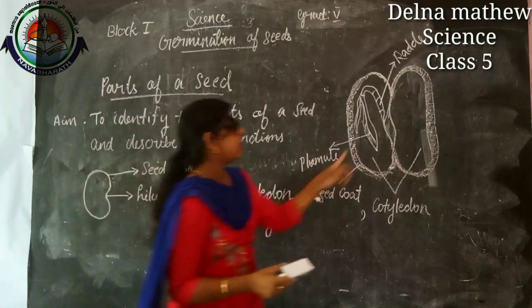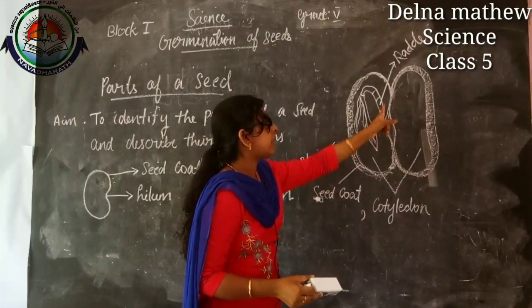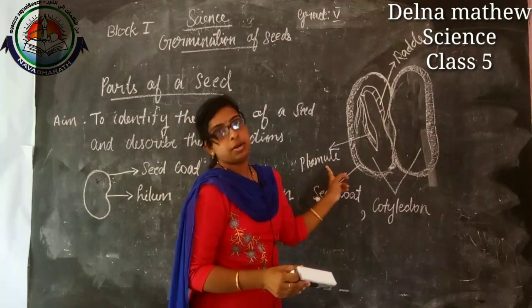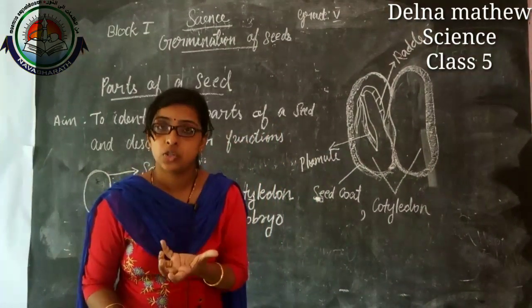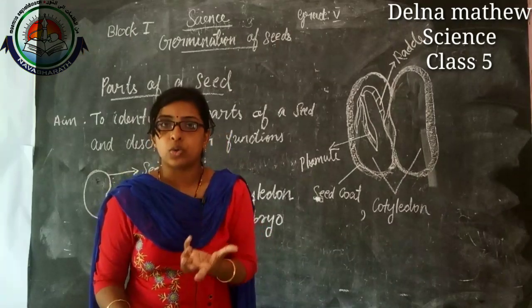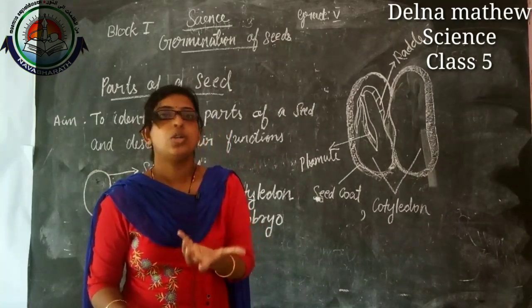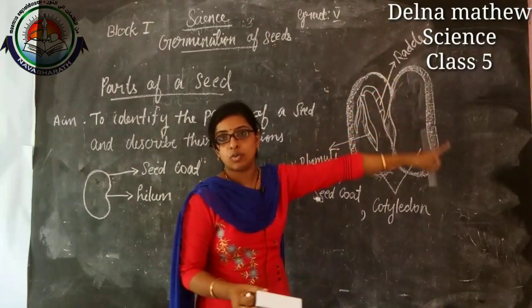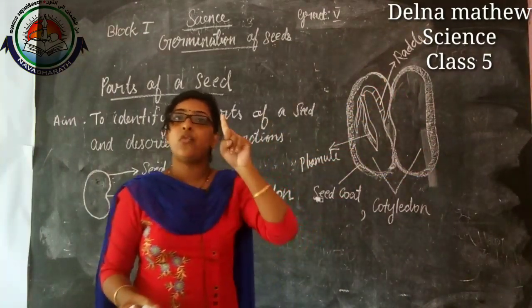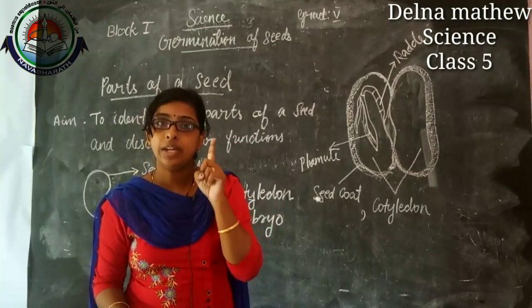In this embryo there are two parts, radicle and plumule. When a seed undergoes germination, or sprouts into a new plant, first the radicle comes out. Radicle is the first root of a plant.